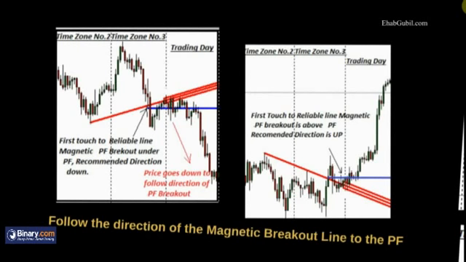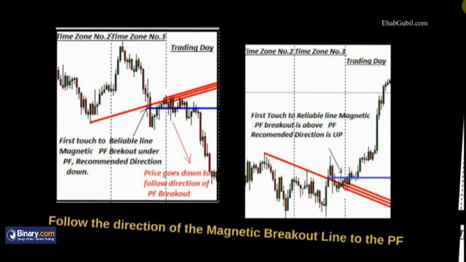When you draw this horizontal line, as mentioned, you will find it positioned either under or above the PF of the trading day. Since it's a magnetic tool that attracts the price back to it, we will take the direction of its position relative to the PF, as it will attract the price to it.